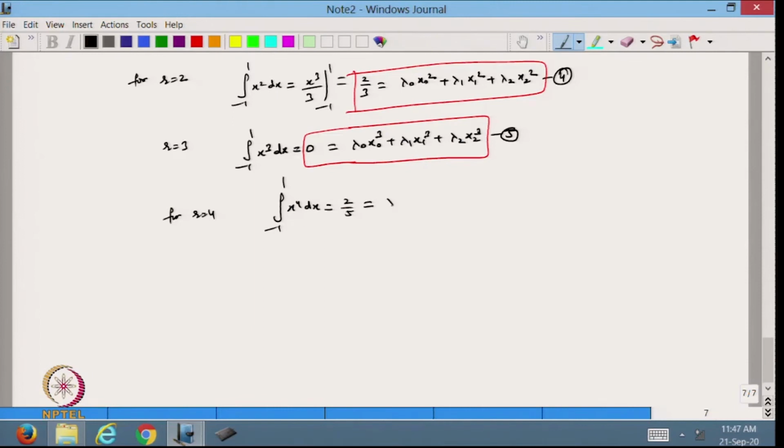That is equal to lambda naught x naught to the power 4 plus lambda 1 x 1 to the power 4 plus lambda 2 x 2 to the power 4. This is equation number 6.